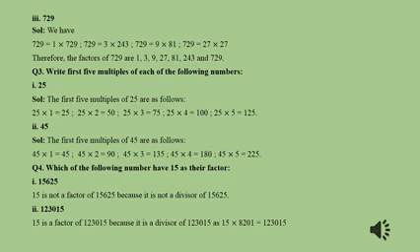For the second part, that is 123015, 15 is a factor because when we divide 123015 by 15, we have 15 multiplied by 8201 is equal to 123015. That means the remainder comes out to be 0 and 15 is exactly dividing 123015. So 15 is a factor of 123015.